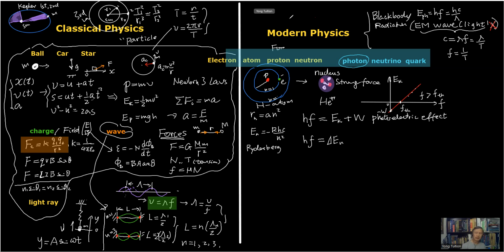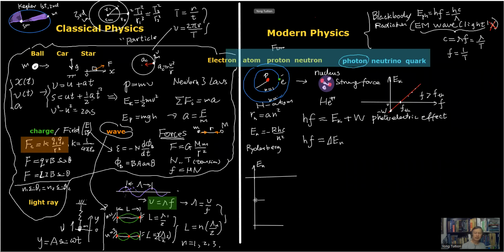This formula tells us, if I draw the energy diagram for the hydrogen atom, if you just plot this formula, this is the ground state, the lowest energy.